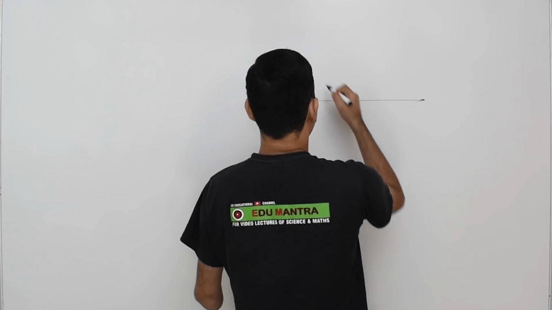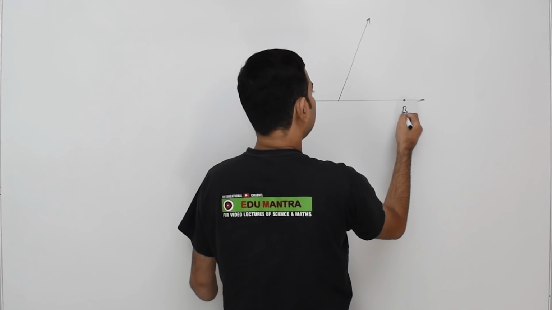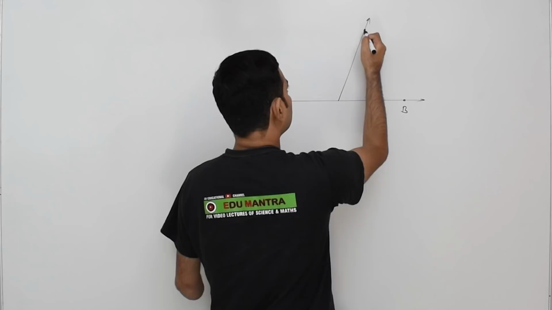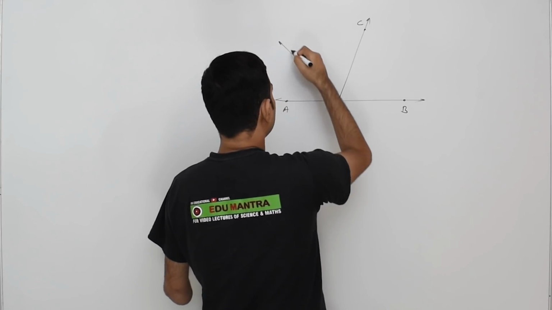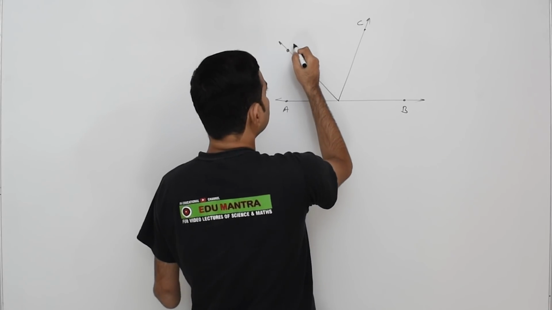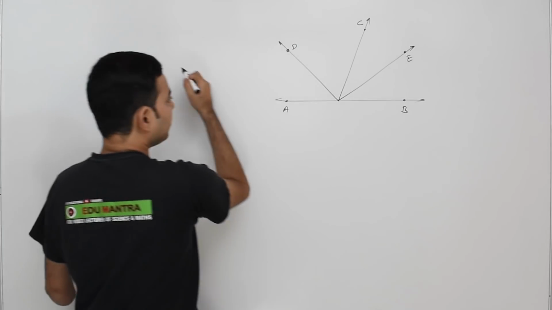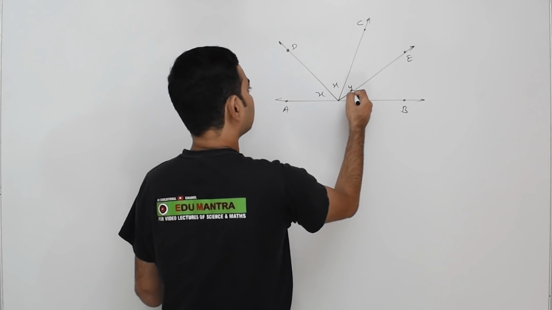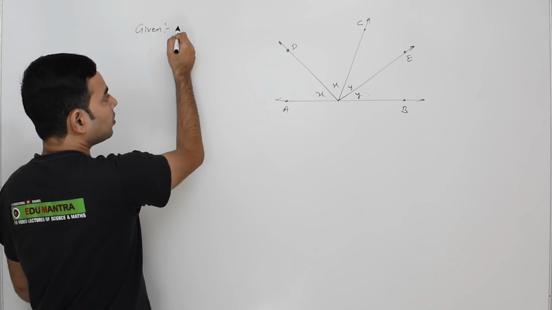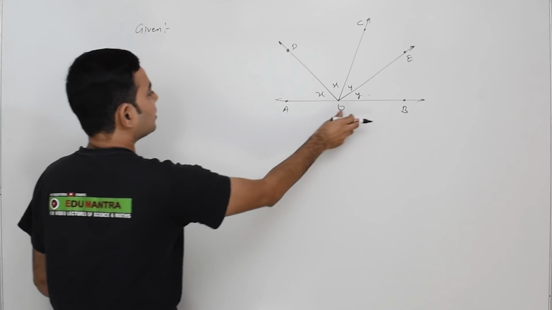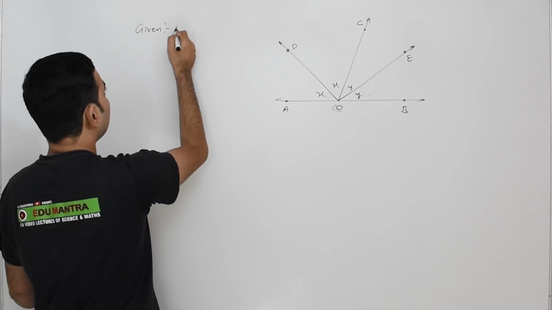This is a straight line A, B, C. These are the angle bisectors, D, and this is E. So given is: OD is a bisector, AOB is a straight line.